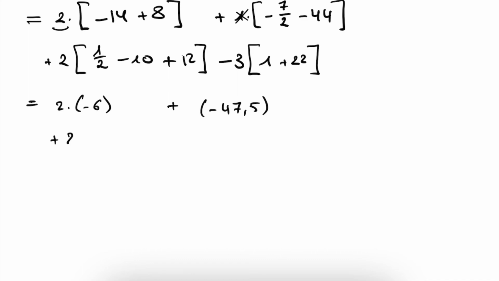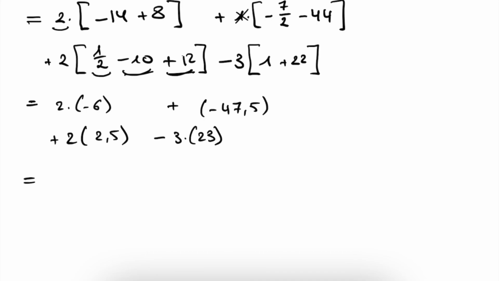Then plus 2 times 1/2 minus 10 plus 12. Minus 10 plus 12 is 2. 2 plus 1/2 is 2.5. And then this last term, minus 3 times 23.